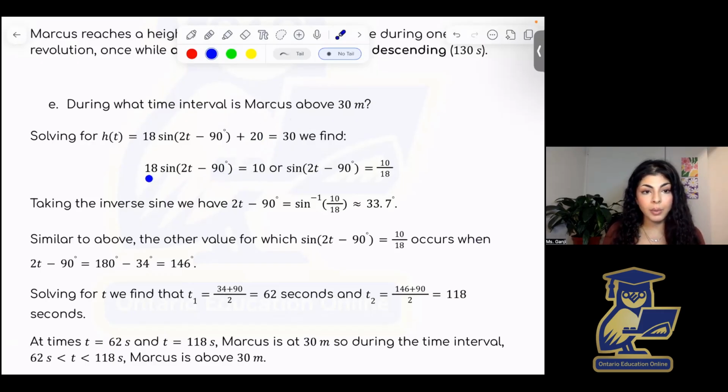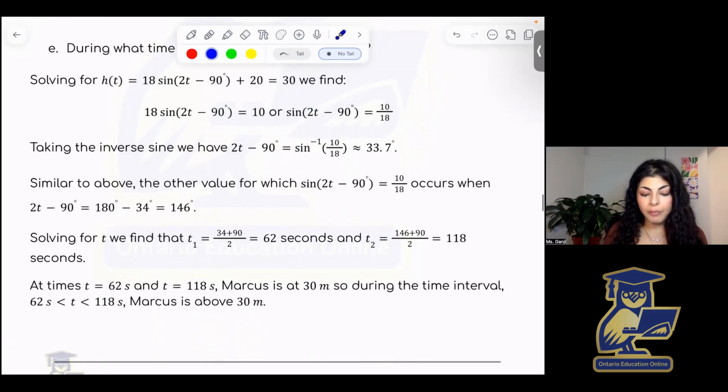And again, we divide by that coefficient to get 10 over 18. So what values of sine are going to give me 10 over 18? Here I'm just taking the inverse ratio of sine, so I get 33.7 degrees.